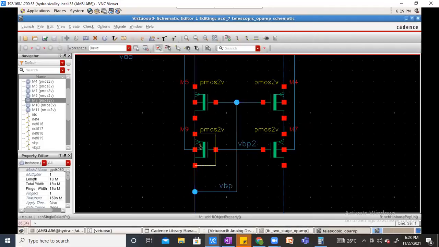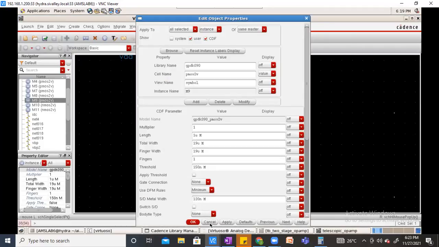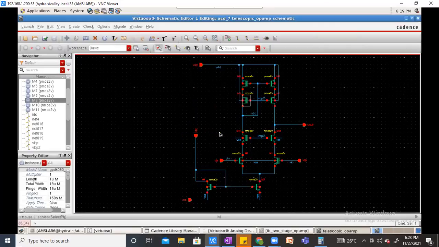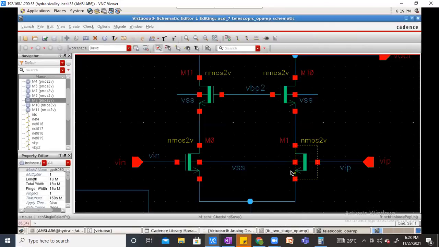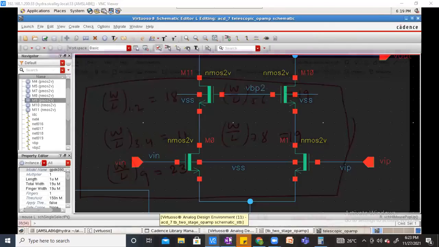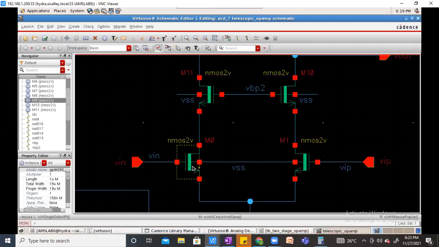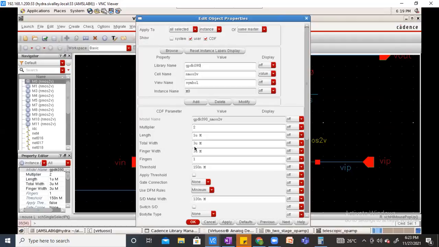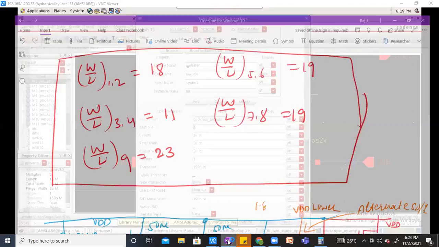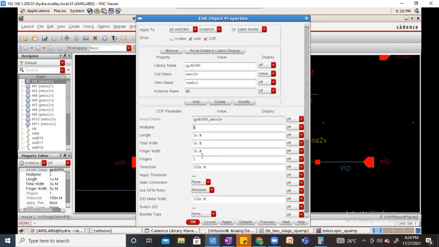You can check any at a time and replace that. Now for this, 1 and 2 is how much? 18, and 3, 4 is 11. This should be 18, so 18 means this will be 6.